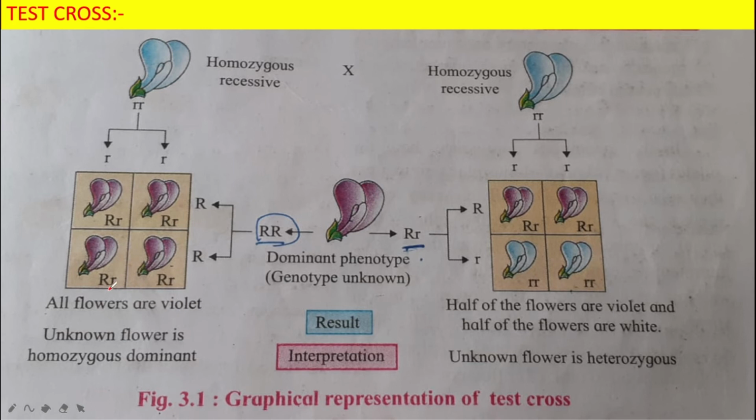It means that if we get this result in the F1 generation, where all the flowers are purple, we can easily identify the genotype of this individual flower as capital R, capital R.